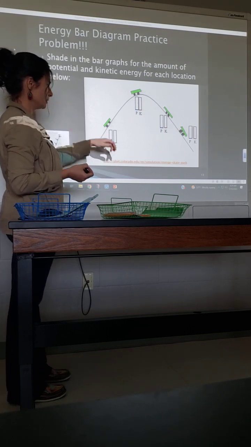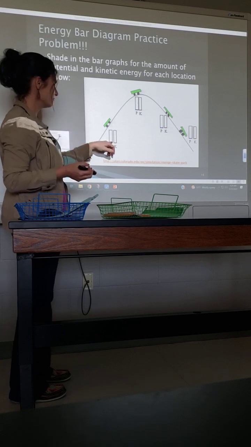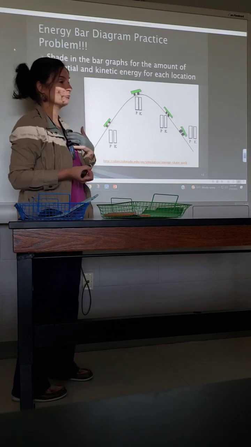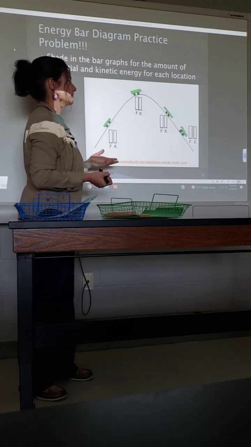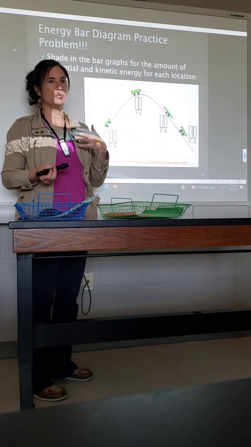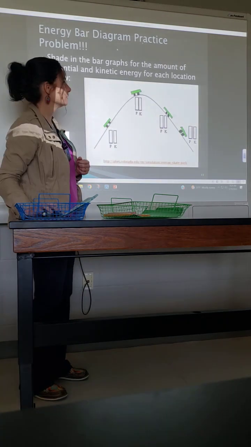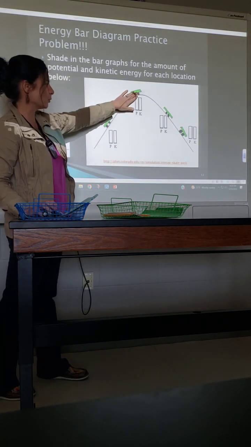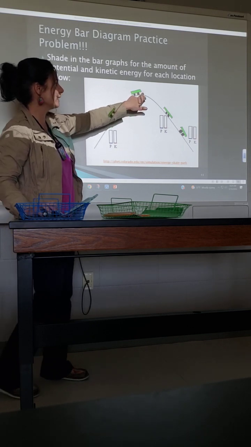Using your potential energy and your kinetic energy colors, we're going to fill these in. For me, the easiest thing to do is to pick the highest point and realize that is going to represent the majority of potential energy. So I picked the highest point here, so this bar is not quite at the very top.